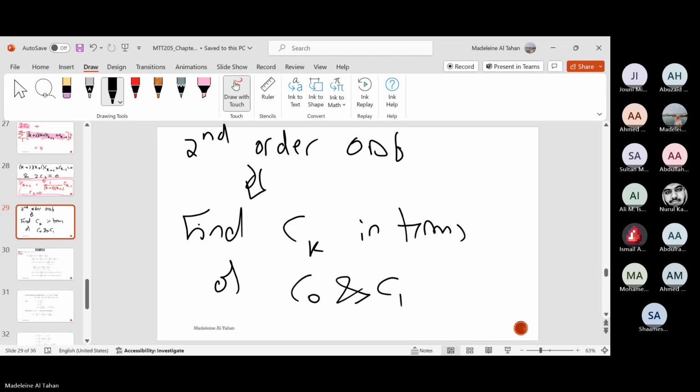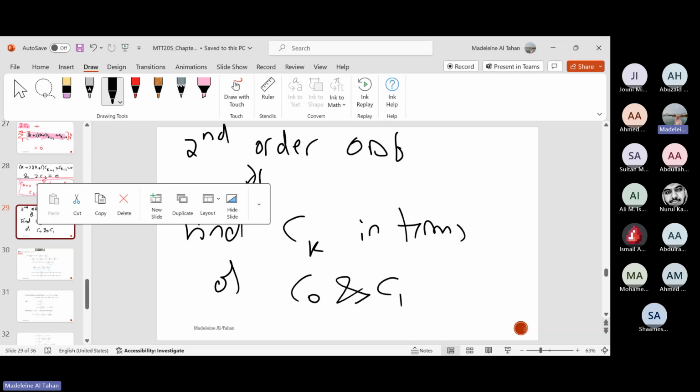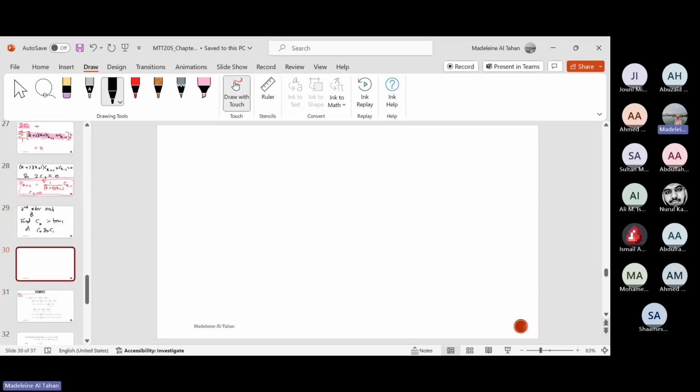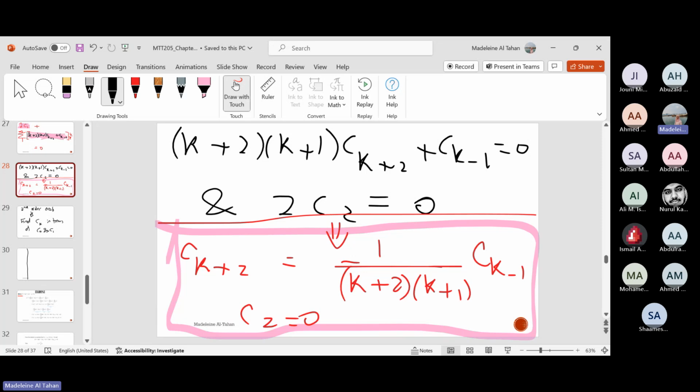Now we need to complete a table. Is it necessary to put a table? No need, but if it's easier to identify it using a table, it's better. Do I start with k equals 0? If I started with k equals 0, it will give me c minus 1, which doesn't make sense, and already c2 is 0.